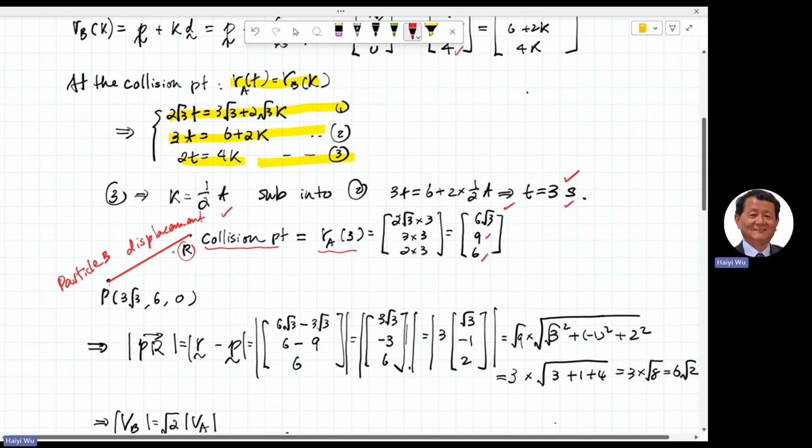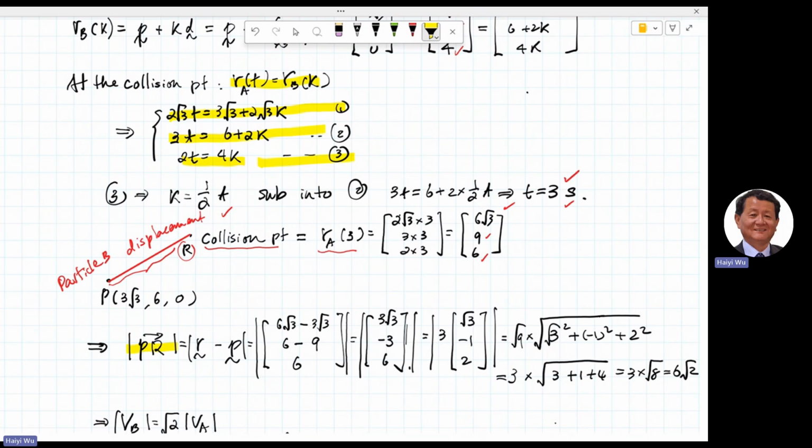How do we work out the time from here? This is the displacement from P to R, so we use the magnitude of PR.